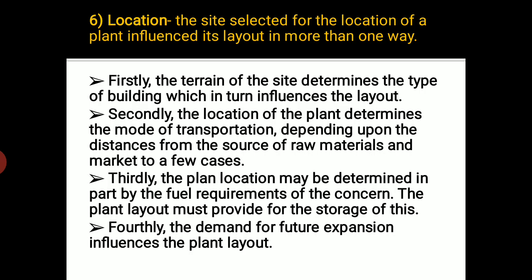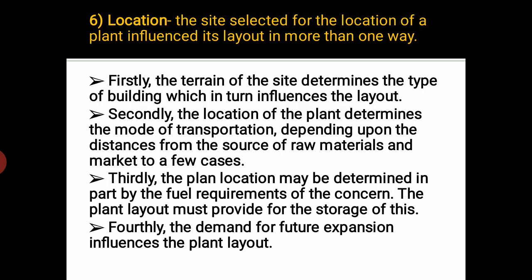So at that time we may have multi-storied building done, and at each story we may have each function performing. Then at that time what type of terrain means land કઈ પ્રકારની આપણી પાસે છે, એ લોકેશન કઈ પ્રકારની છે, એના આધારે પણ આપણું લેઆઉટ નક્કી થાય છે.